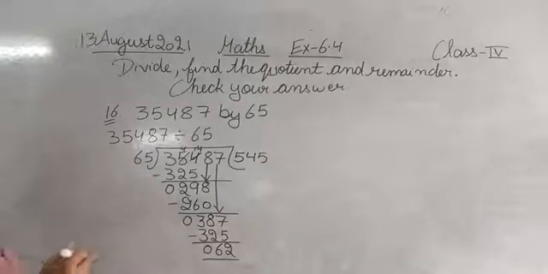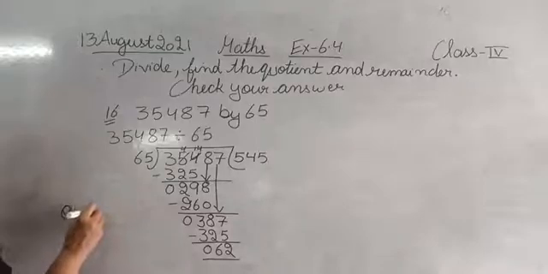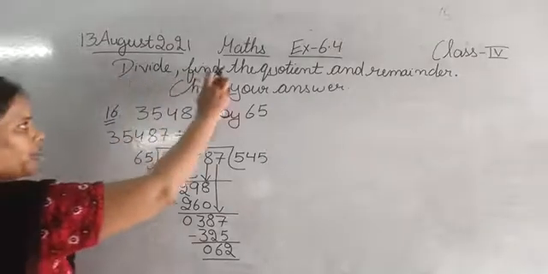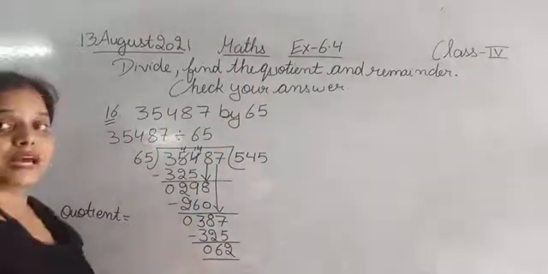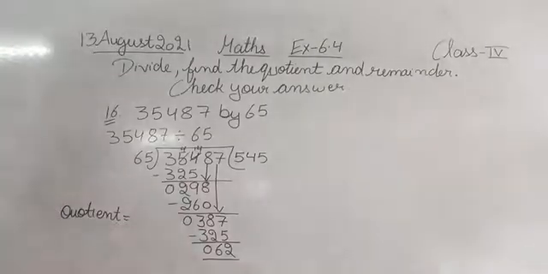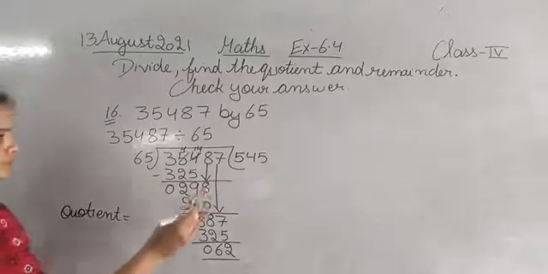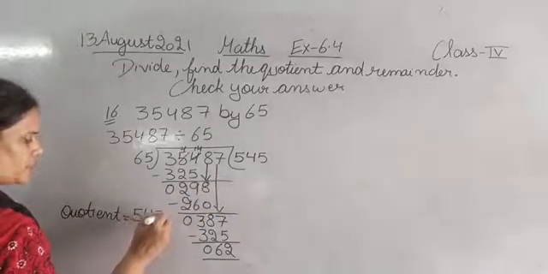But we are going to write the quotient and the remainder here as well, because look, what is written in the question? It is given divide and find the quotient and remainder. So first we divided, then we have to find the quotient and remainder. That means we have to write it separately. So write quotient is equal to 545.